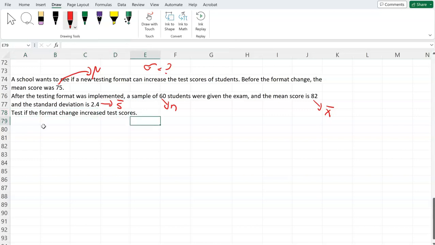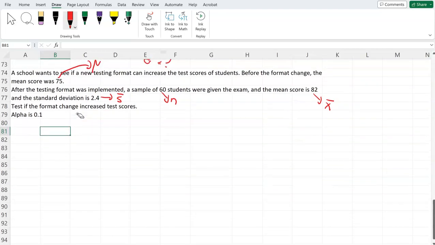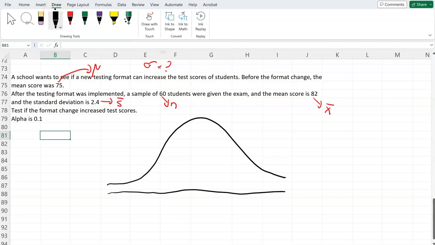Now first we need to write down my null and alternate. Let's say we are testing it at 10%. So let's say alpha is 0.1. Initially our mean score was 75. If I were to draw it, this is what my mean score is. Now I implemented some testing change, and I want the mean to move rightwards.